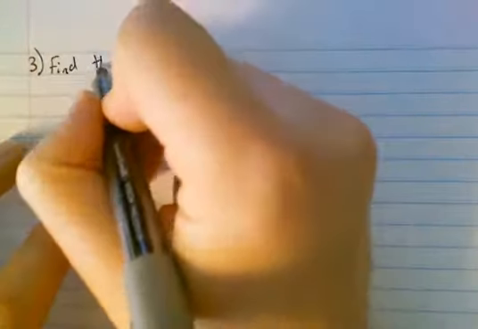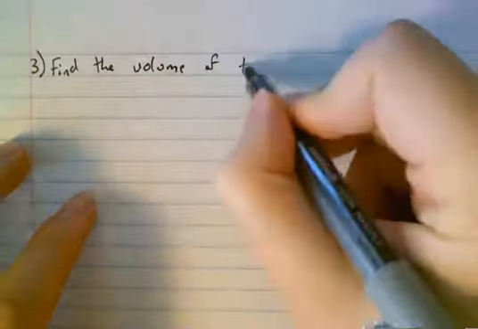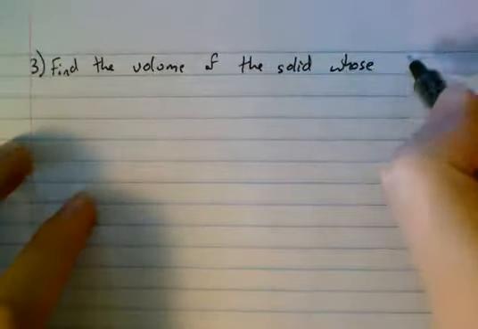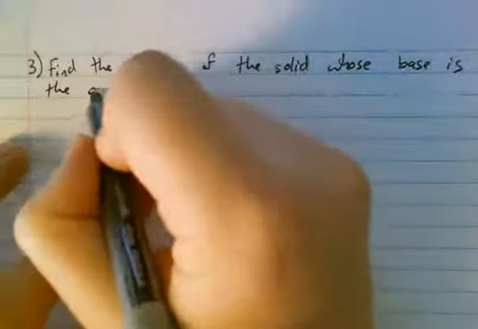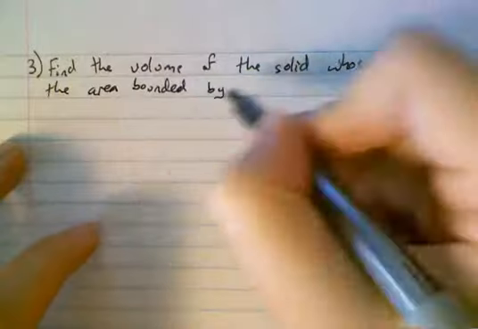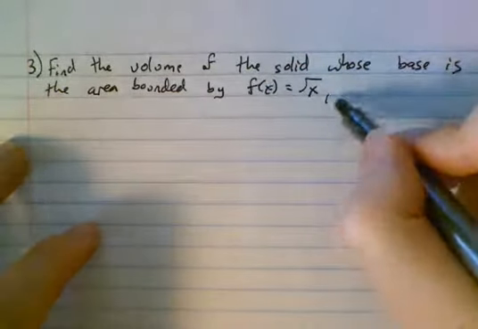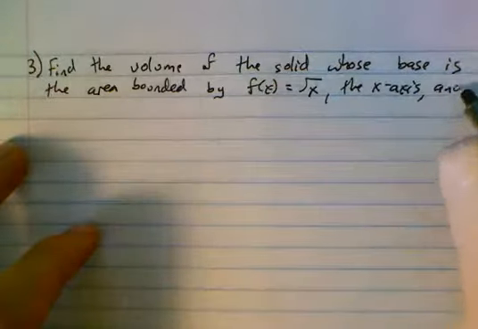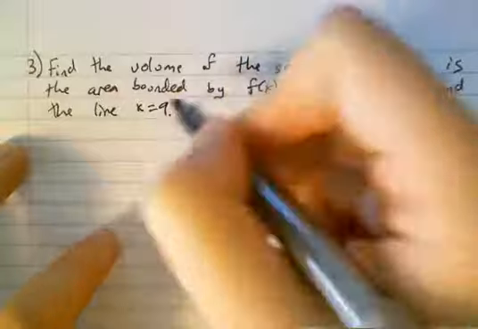We're going to find the volume of the solid whose base is the area bounded by f of x equals the square root of x, the x-axis, and the line x equals 9.